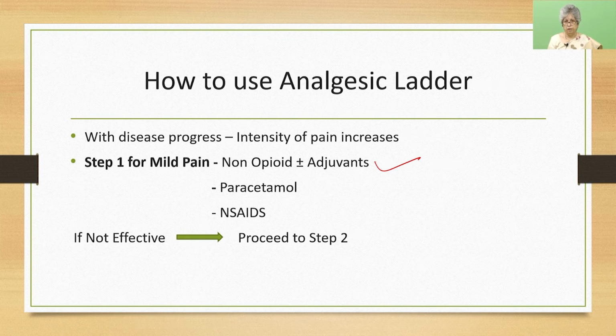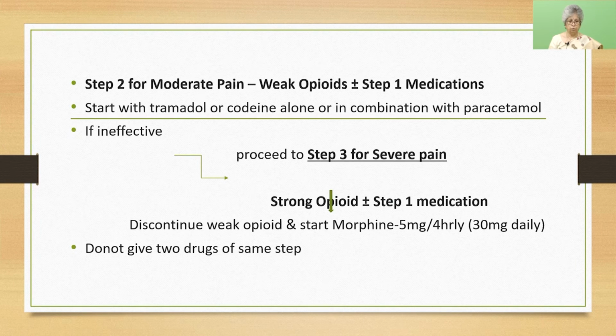Like with brufen, the patient may get gastritis, so you give ranitidine to decrease the gastritis, acidity, like that. If the patient is not relieved of pain, then go to step 2. Step 2 is for moderate pain.